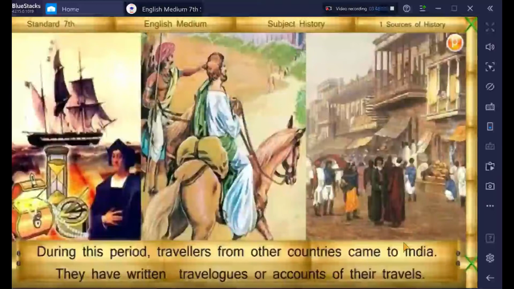During this period, travelers from other countries came to India. They have written travelogues or accounts of their travels.